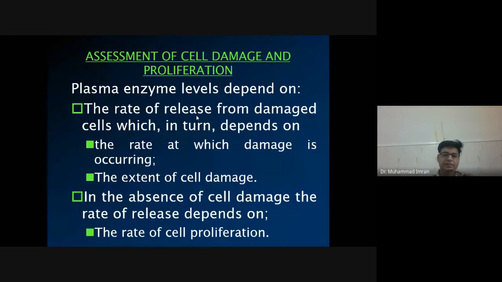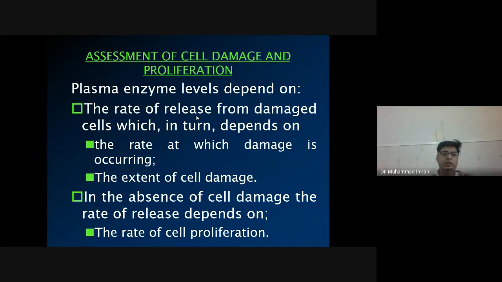Assessment of cell damage and proliferation. During any damage to the cell, these enzymes are released into the blood, and the level of damage we can see by checking the level of these enzymes. For example, during heart disease, CK2 level increases, LDH1 level increases.